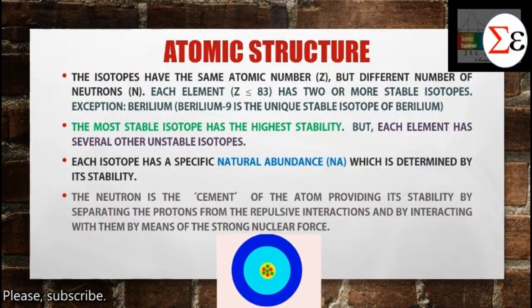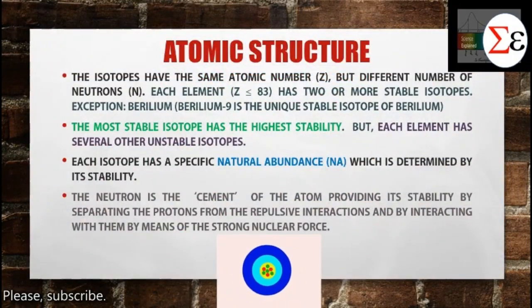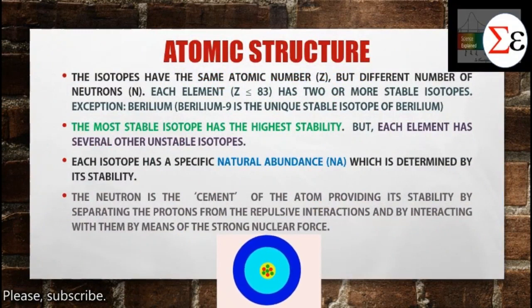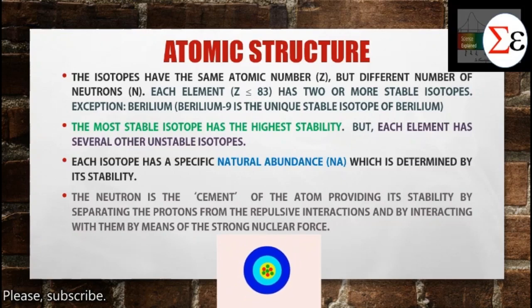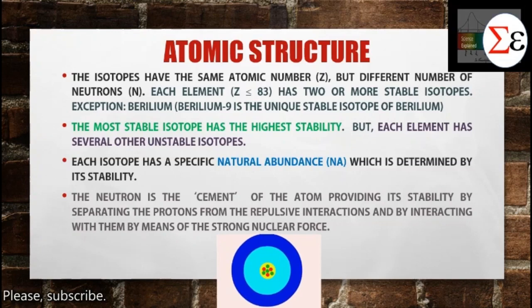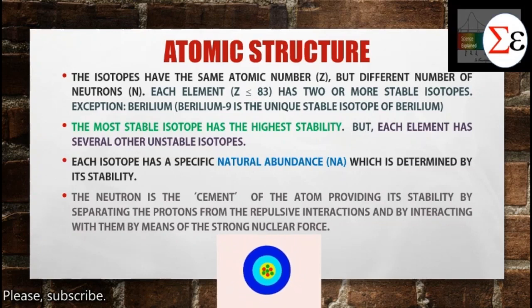The isotopes have the same atomic number but a different number of neutrons, and each element where Z is less than or equal to 83 has 2 or more stable isotopes. One exception is beryllium. Beryllium-9 is the unique stable isotope of beryllium. The most stable isotope has the highest stability, but each element has several other unstable isotopes.